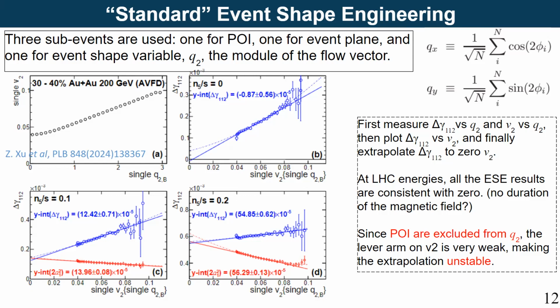And these three panels represent the three inputs of the signal. N5OS equals 0 means pure background. This is a moderate signal. This is a strong signal. The first thing you see is that if you do the extrapolation with a linear fit, you have some over-subtraction. Then if you want to test whether this is really linear, you try a second-order polynomial. It gives you some finite signal, which is background.